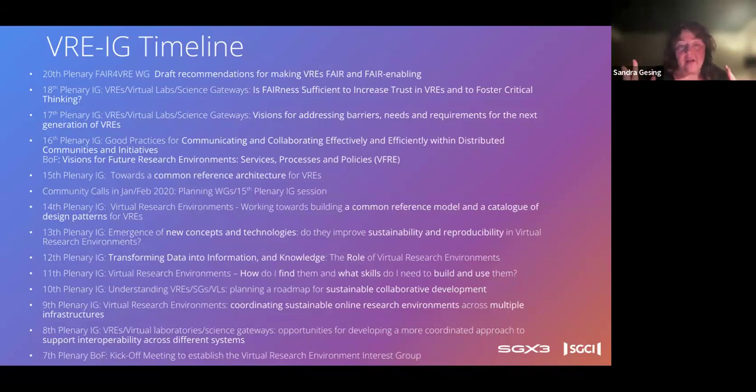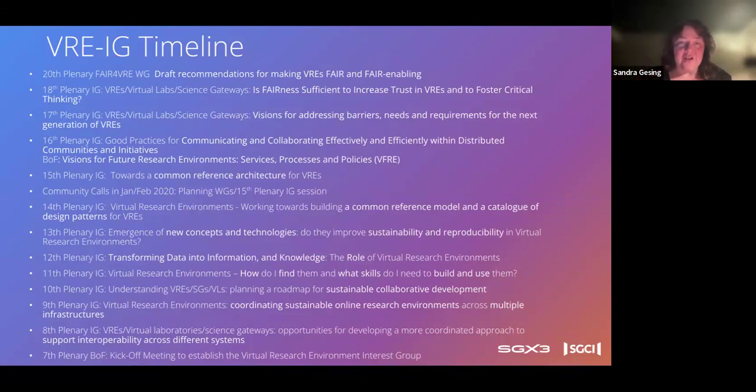Sustainability was for a while more our topic than transforming data into knowledge, new concepts and technologies with reproducibility. Then we looked at a common reference model and a reference architecture. From there, we went into communicating and collaborating and our visions for the next 10 years, and to the topic of FAIR.